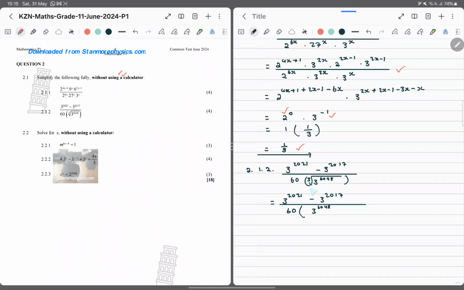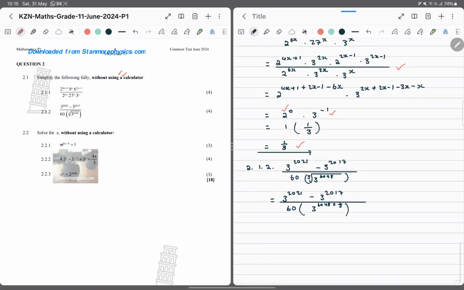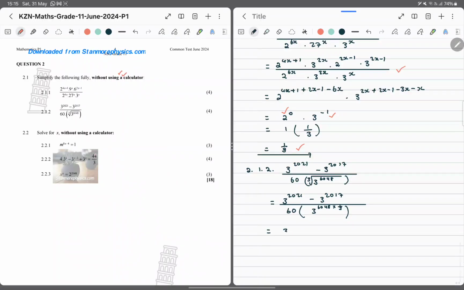Now remember, when you change the cube root, it's going to multiply with a third to the exponent. Nice. So we've got 3 to the 2021 minus 3 to the 2017 divided by 60 times 3 to the, let's see, 6048 divided by 3 is 2016.